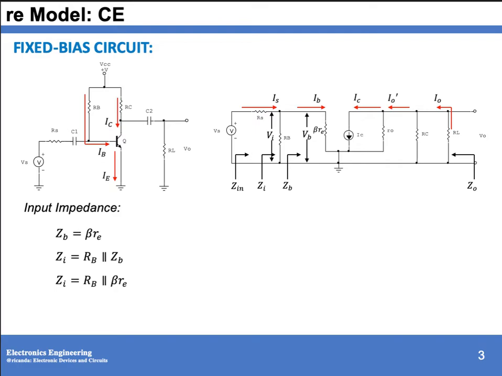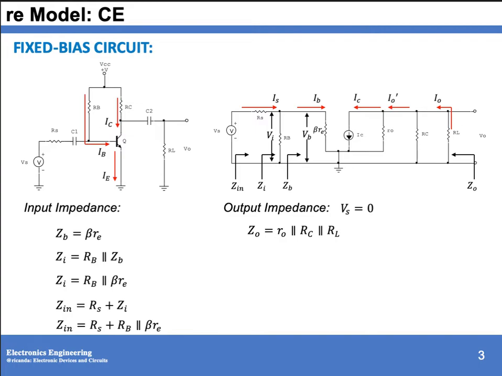For your impedance Zin, that is equal to your Rs plus your impedance Zi, because your Rs is in series with your impedance Zi. And for your output impedance, by setting Vo or Vs to 0, we have output impedance equal to ro in parallel with Rc and in parallel with RL.